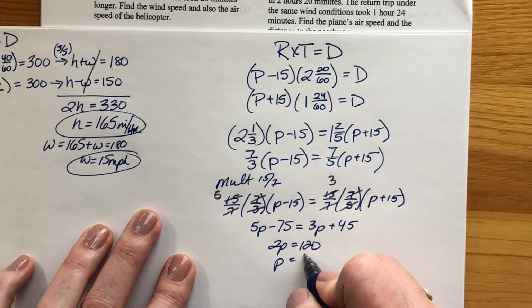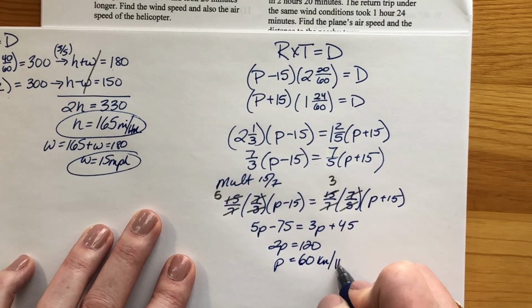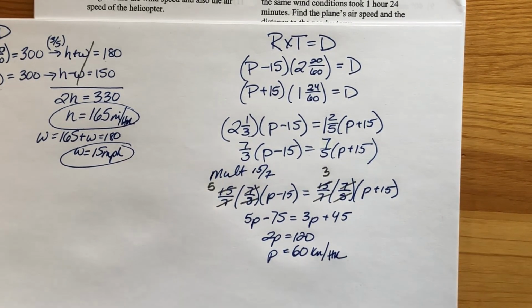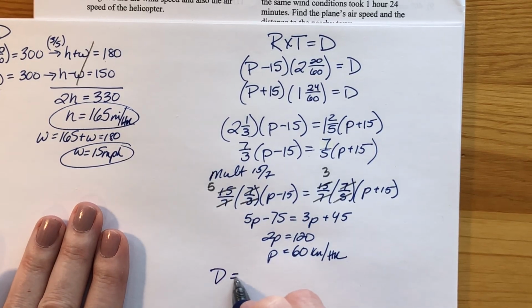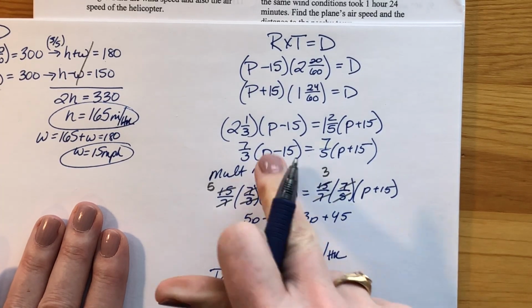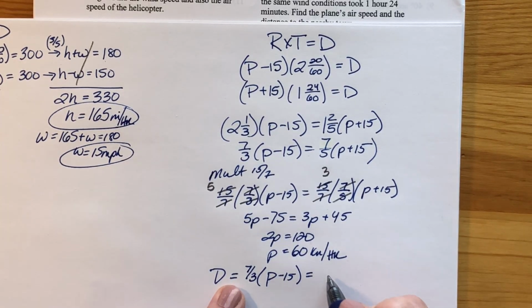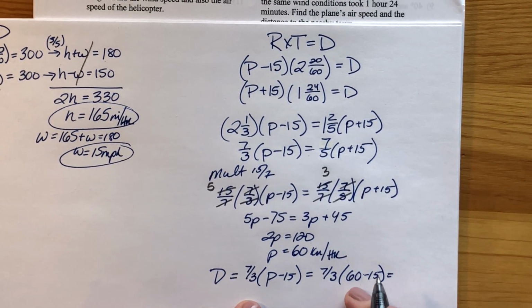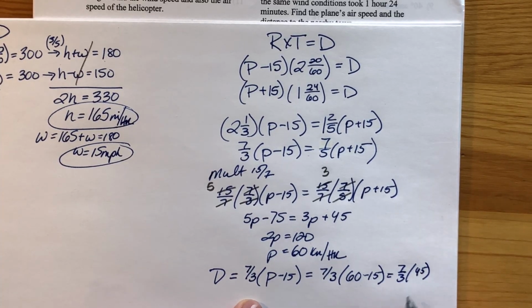That means P is equal to 60 kilometers per hour. I have my distance.